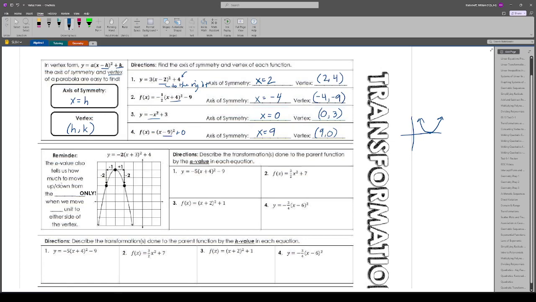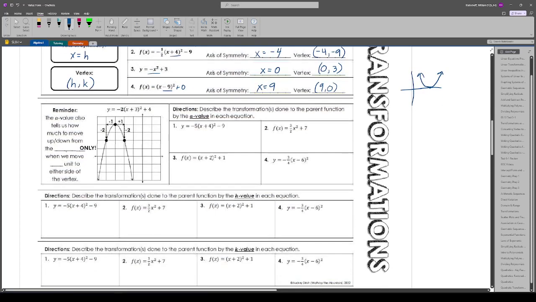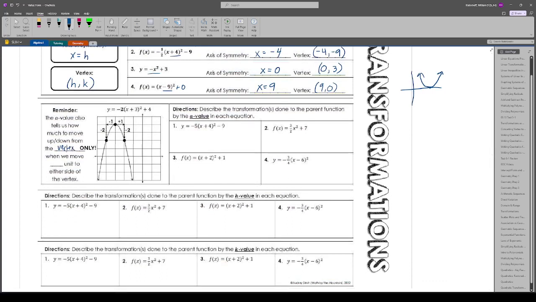All right, the a value tells us how much to move up or down from the vertex when we move 1 unit to either side of the vertex. And remember, we can also extend that so that here, if a is negative 2, that tells us it's opening downward, and that 1 unit over, we go 2 units down. 2 units over, we would go to... So we went 1 squared times negative 2, so that's why we went down 2.